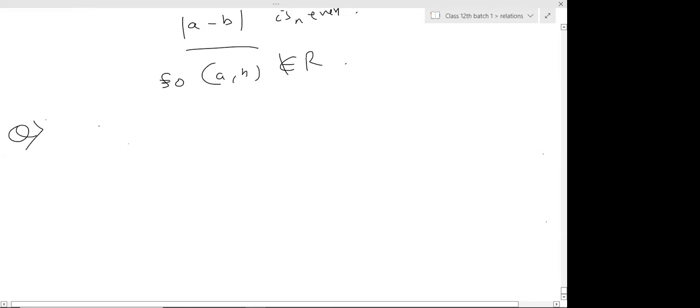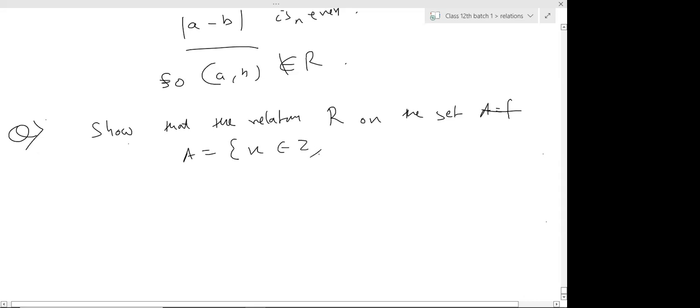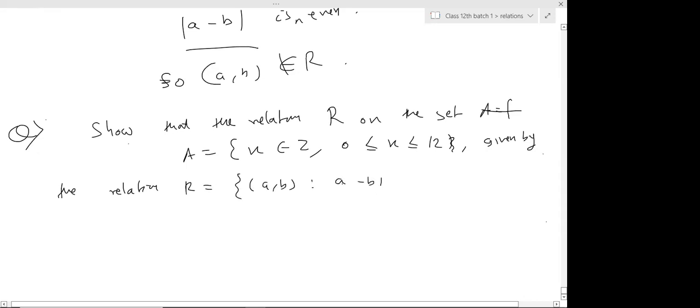Write down. Show that the relation R on the set A equals x belongs to Z, 0 is less than or equal to x is less than or equal to 12, given by the relation R equals (a, b) such that modulus of a minus b is a multiple of 4, is an equivalence relation.